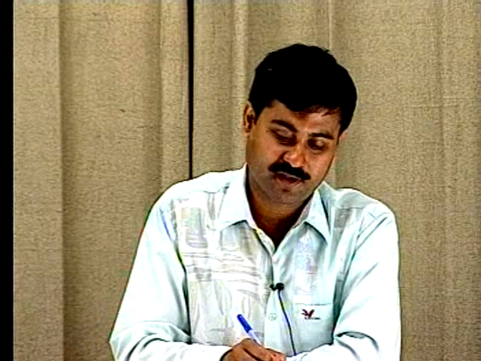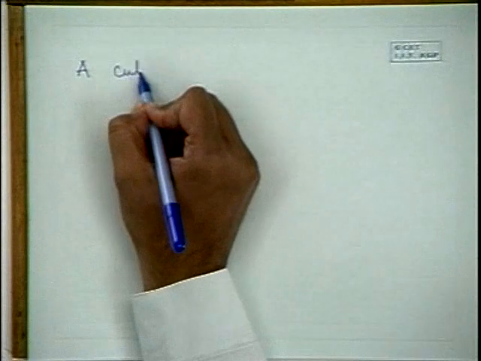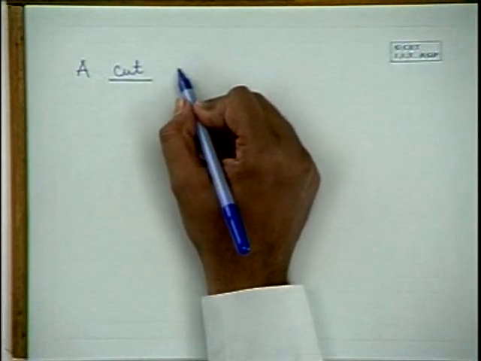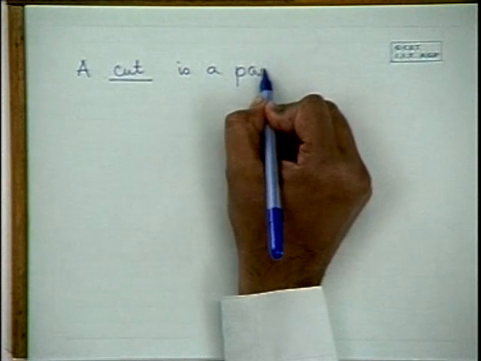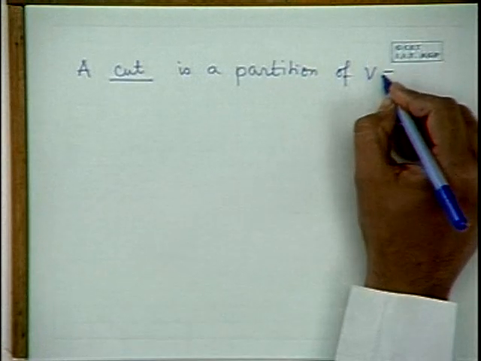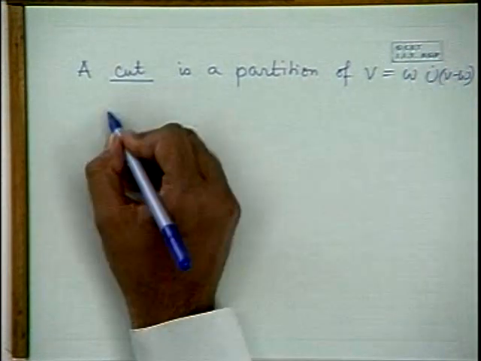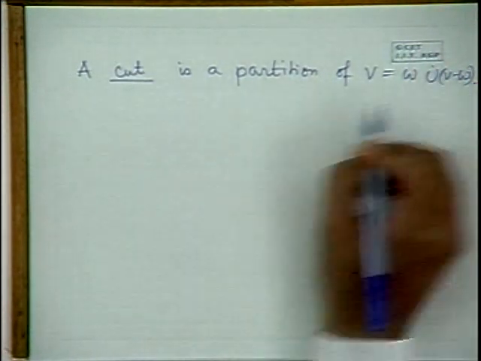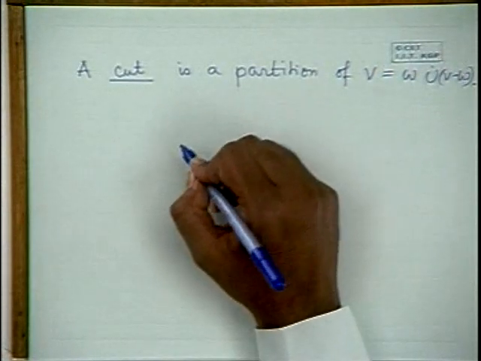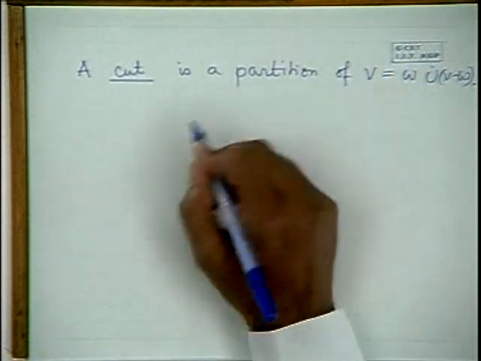Now for this, I define another term. A cut is a partition of V into W and V minus W. So you just take the vertex set of the graph V, and divide it into two parts.